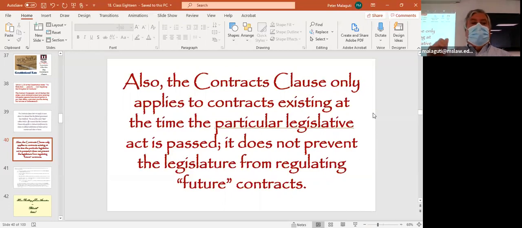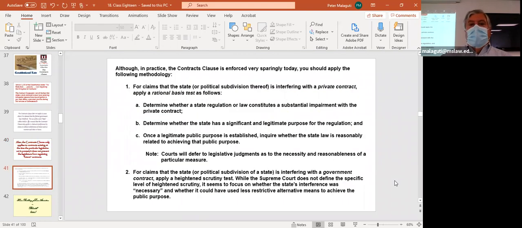But what the legislature can do is pass a law that says no one in the future shall have a contract that does this, okay? So it can prevent people from entering into particular types of contracts, okay? So it's only looking at existing contracts, and it's only a state that can be in violation of the contracts clause. So here's your methodology that's going to come out of the cases.